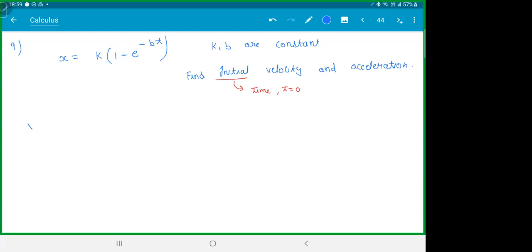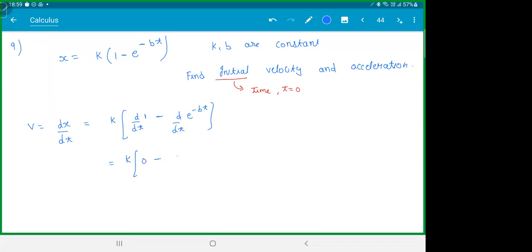So first thing, for velocity, you differentiate. So this is simply k, and when you differentiate, k just comes out. d by dt of 1 minus d by dt of e power minus bt. So this k into 0 minus, that is e power something, an e power function.